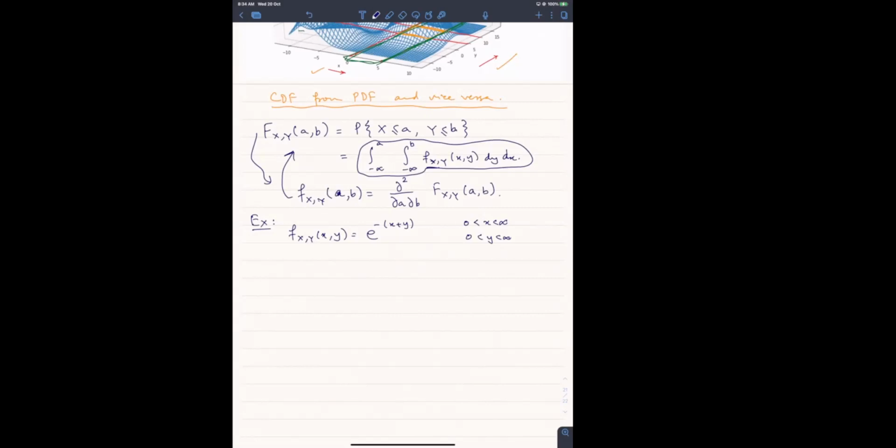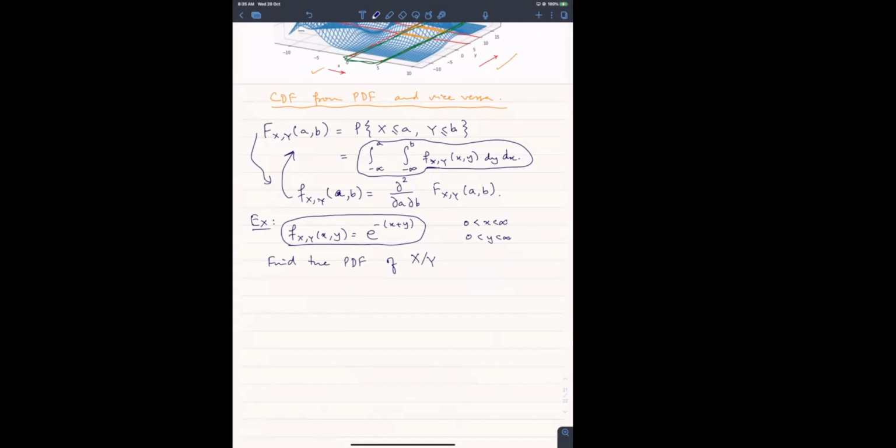Okay. So let's say you are given this joint PDF. Let's say you are asked to find the PDF of x over y.